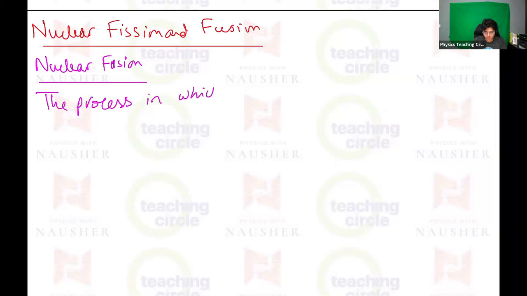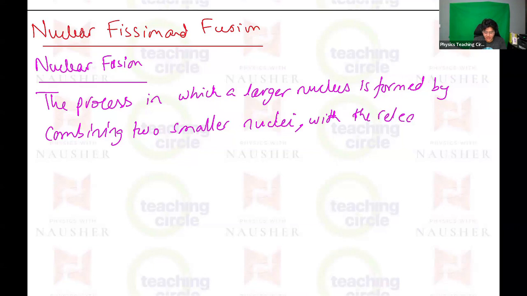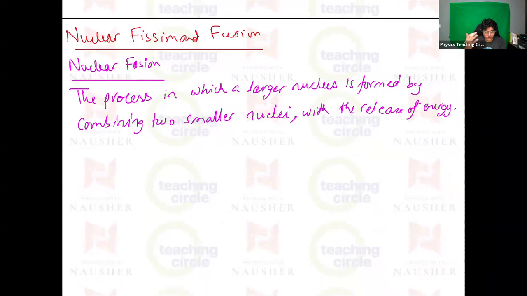The process in which a larger nucleus is formed by combining 2 smaller nuclei, with the release of energy.